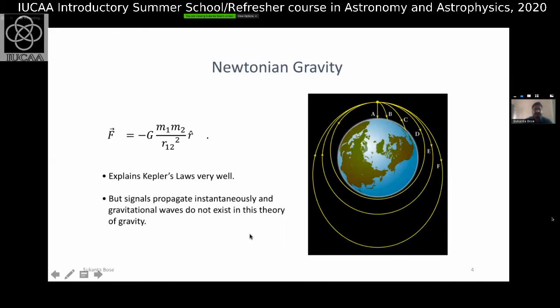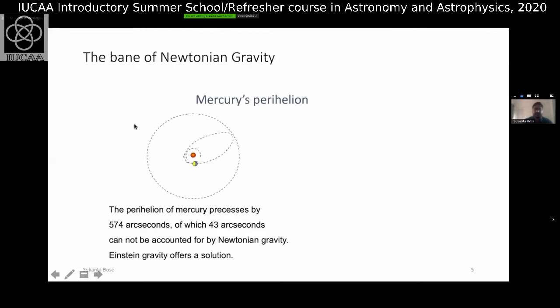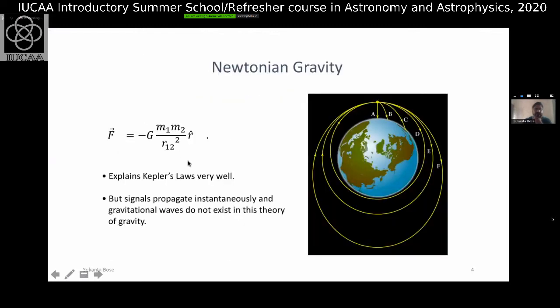Okay, let's backtrack a bit and start with Newtonian gravity. Newton's law of gravity is well known to you, so I will not belabor this except to observe that Newton's law tells us that the force of gravity is attractive, and it is proportional to the product of the two masses between which you're measuring this attraction, and inversely proportional to the square of the distance of separation between those masses.